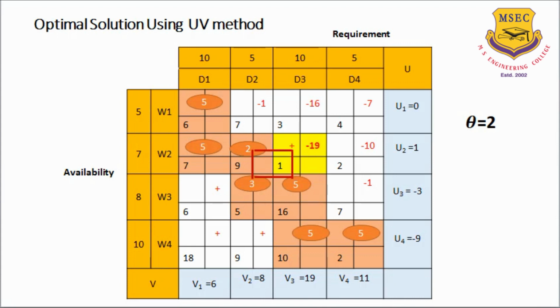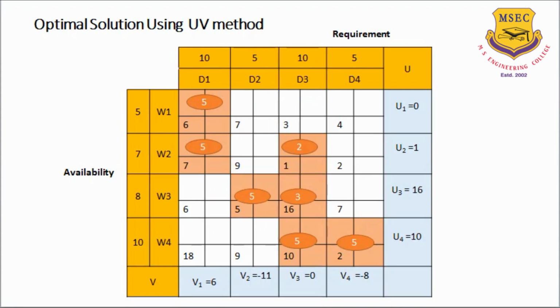In that process the rearrangement of the cells happens, and this is the new matrix we will get. For the new matrix, we also find the u's and v's. We recompute the u's and v's, for which the same equation holds good, that is Cij is equal to ui plus vj.